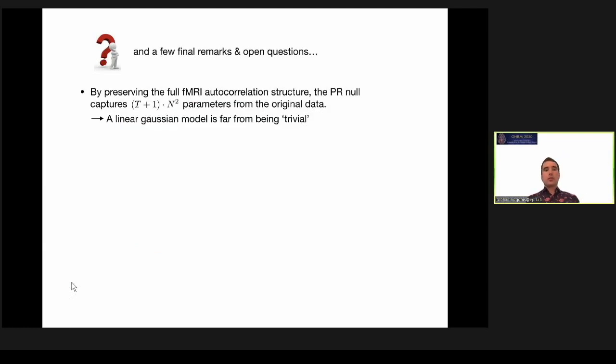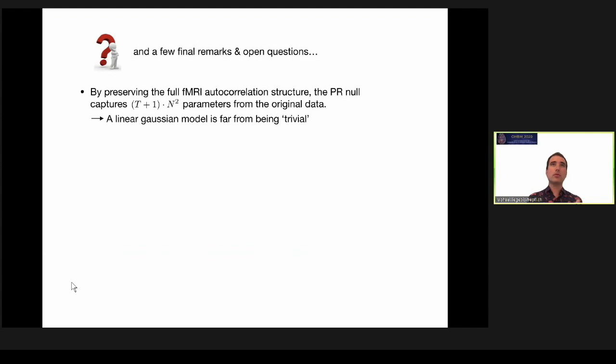So the final remarks are the following. As I said, I see that sometimes we require results to be different in original and surrogate data in order for them not to be trivial. This is true to some extent, because I agree that in that case, it means that data essentially captures linear and Gaussian information.